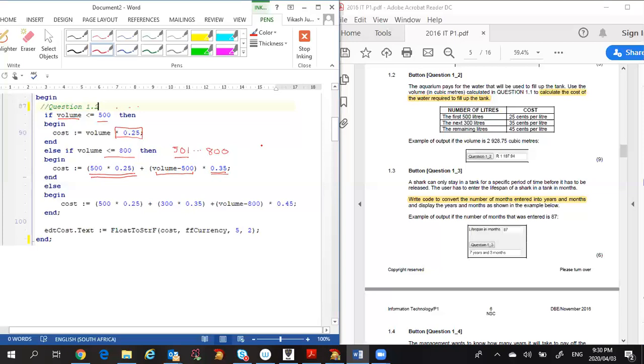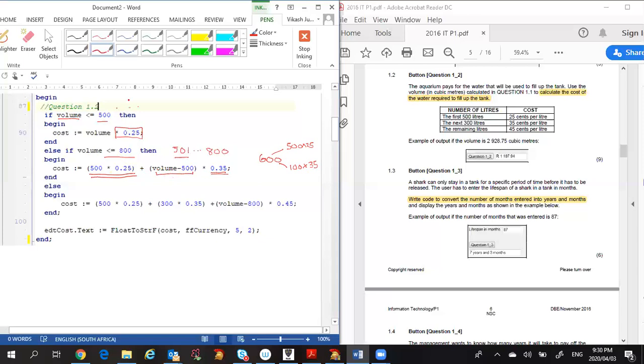If I had to use an example, let's assume that we had 600 liters that was used. So from the 600 liters, the first 500 liters were charged at 25 cents, and then the remaining 100 liters is charged at 35 cents.